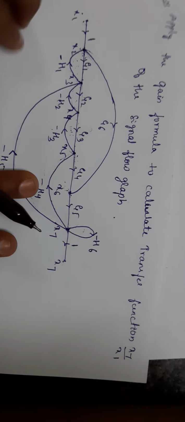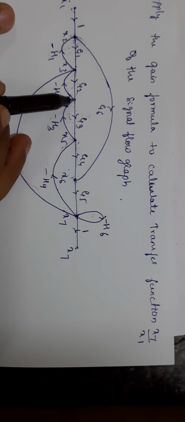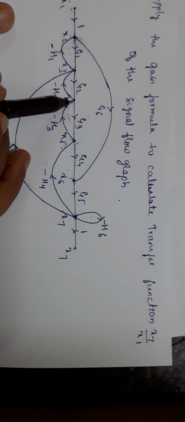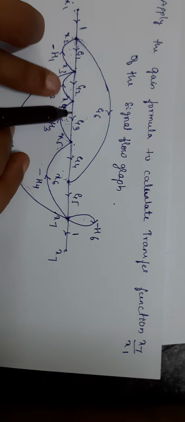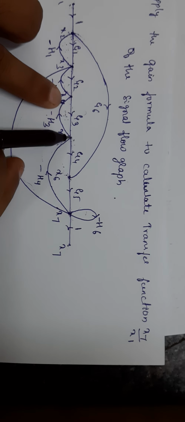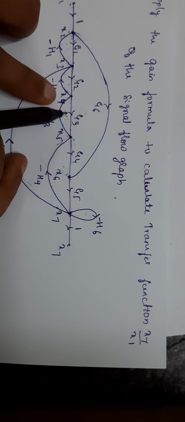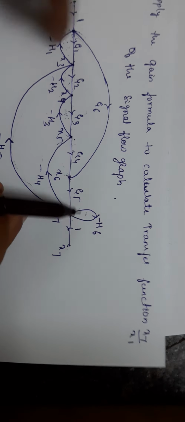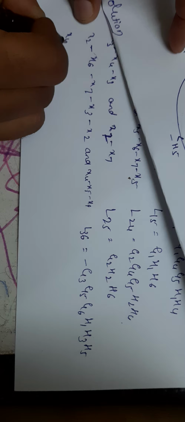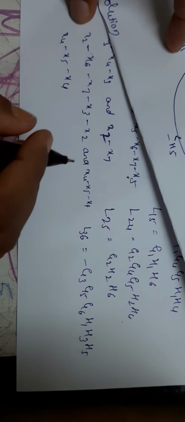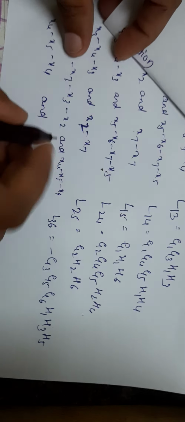Okay, next you see here, x4 to x5, x5 to x6 is one loop and x7 to x7 is a non-touching loop. This and this are touching loops because one common node is in between them. This and this are non-touching loops, so we have to consider that one, that is G4 to G5 and G5 to G4, then x7 to x7.